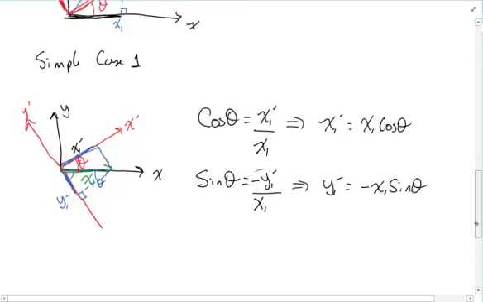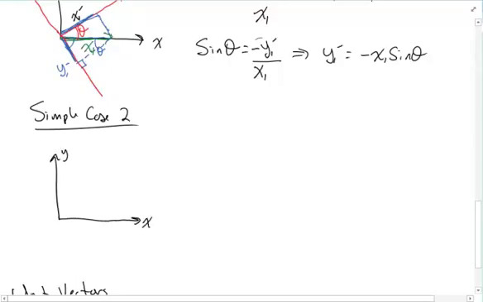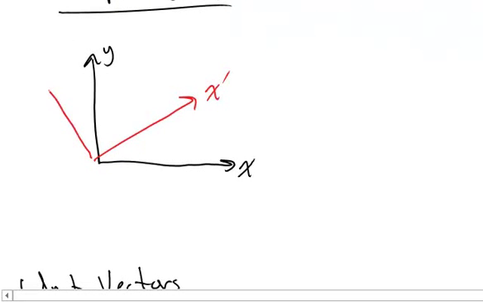So you can guess the second simple case I'm going to consider then is simple case 2. Now we're going to go ahead and lay our vector along the y-axis. So here's x, here's y, x prime, and y prime. There's the angle theta. And the vector that we're trying to transform, we're going to go ahead and call y1.